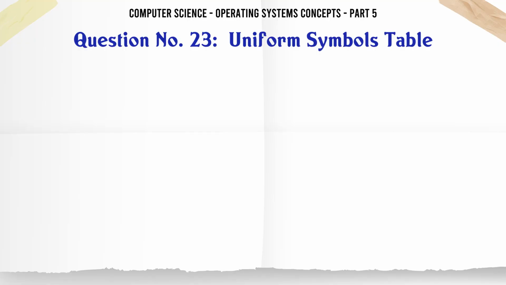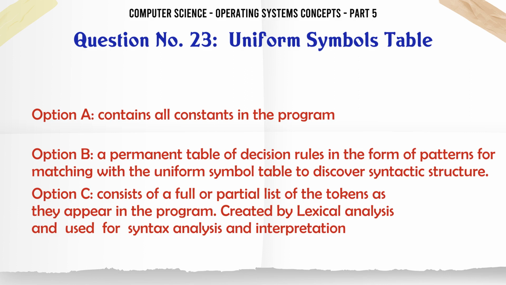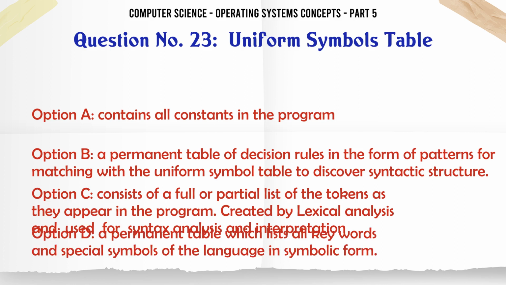Uniform symbols table. A. Contains all constants in the program. B. A permanent table of decision rules in the form of patterns for matching with the uniform symbol table to discover syntactic structure. C. Consists of a full or partial list of the tokens as they appear in the program, created by lexical analysis and used for syntax analysis and interpretation.